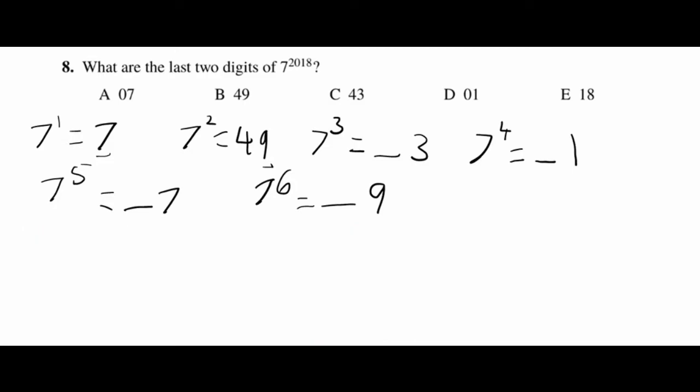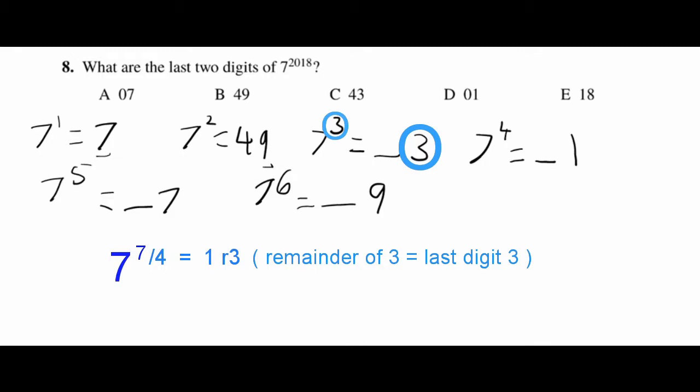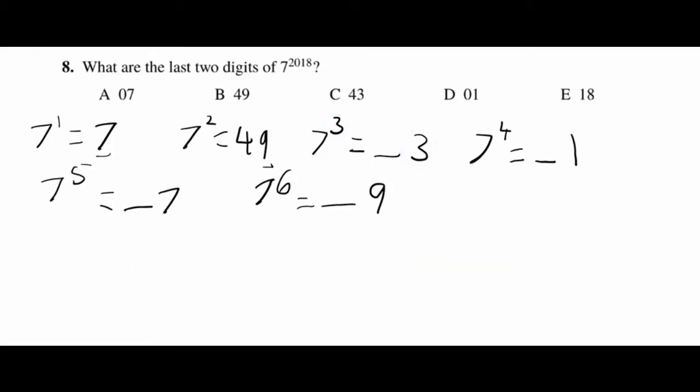If we take 7 to the power of 7, for example, well, 7 divided by 4 is 1 remainder 3. And so clearly it must end in a 3 because of the pattern that we have just found in the last digit. And so 2018 divided by 4, well, clearly 2016 is divisible by 4, because any number ending in a multiple of 4 is a multiple of 4 itself.